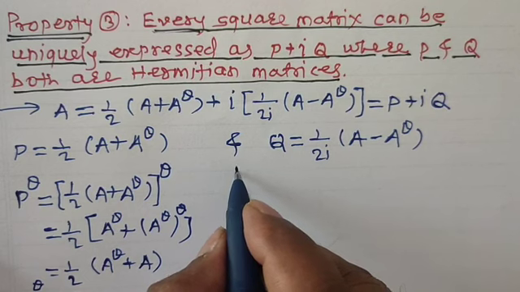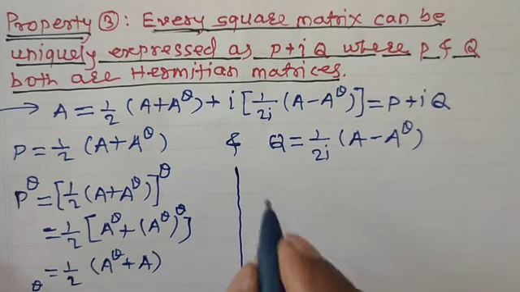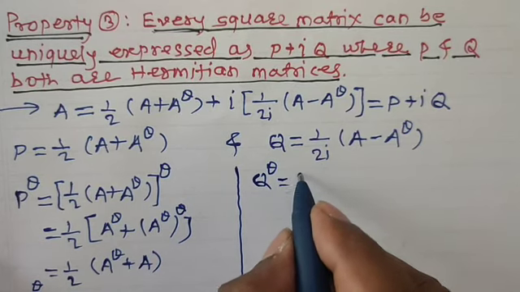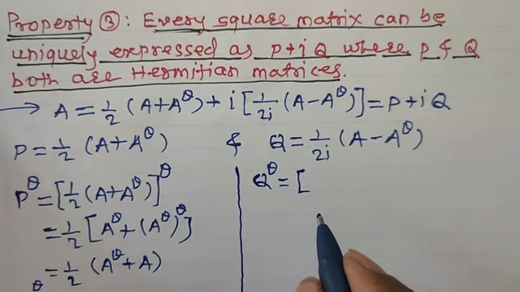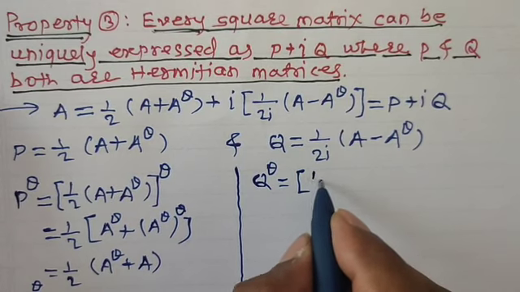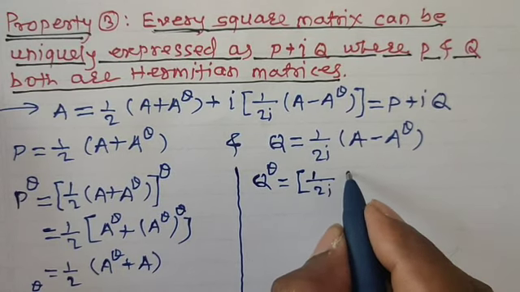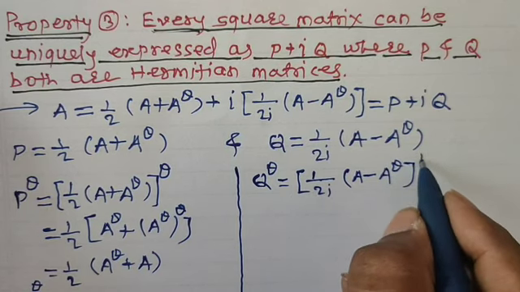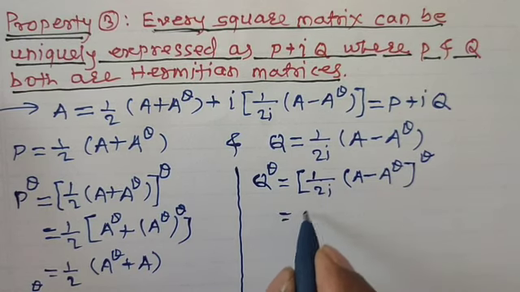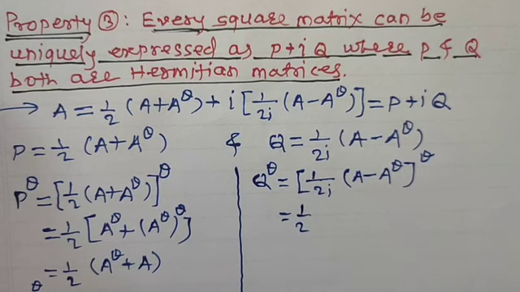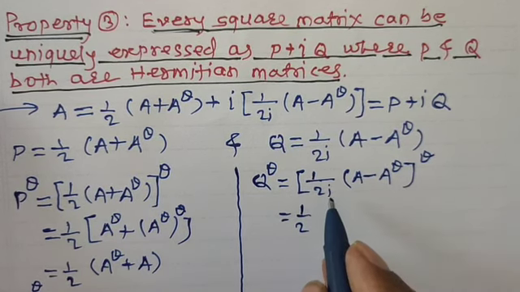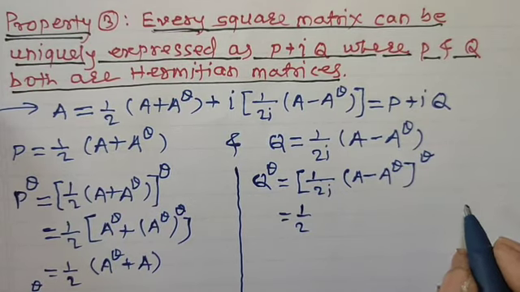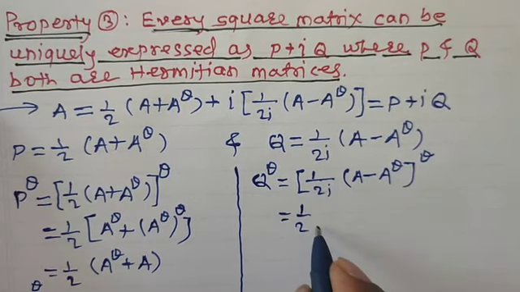Similar to this, we can prove Q theta is equal to Q. Let us find Q theta. Q theta is equal to conjugate transpose of left hand side and conjugate transpose of right hand side, that is 1 upon 2i, A minus A theta, its conjugate transpose. This is equal to 1 upon 2, this is constant coefficient, and 1 upon i its conjugate. Transpose is not possible, but conjugate we can take.